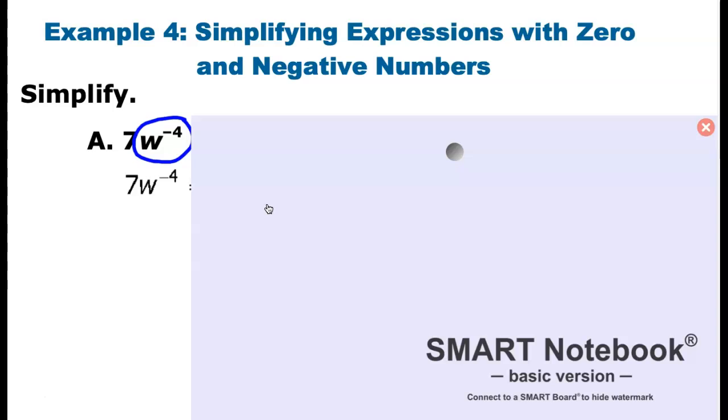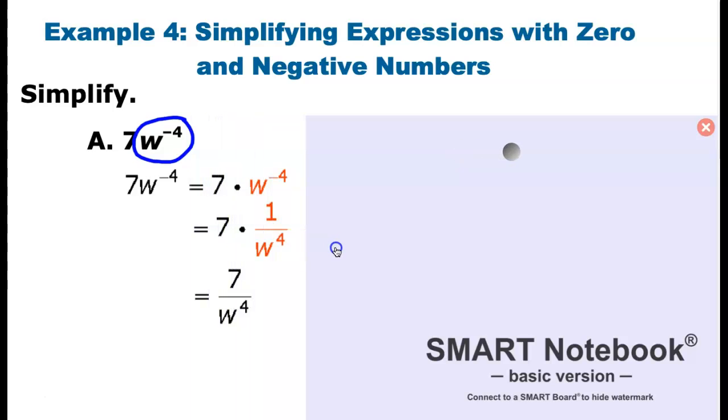It has nothing to do with the 7. So make sure that you separate this and put the dot in between so that it's multiplication. Move the w down to the denominator and make the exponent positive. And now you're done.